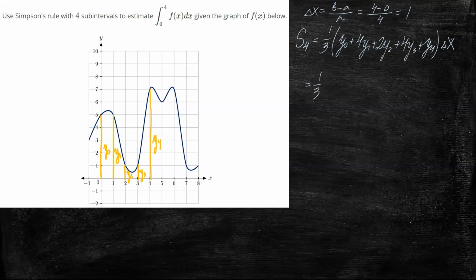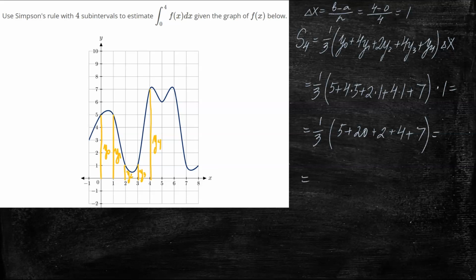So it's pretty clear from the picture what the values are, and we can plug it all in. So we get 1/3 times 5 plus 4 times 5 plus 2 times 1 plus 4 times 1 plus 7 times 1. 5 plus 20 plus 2 plus 4 plus 7. And we got 25, 27, 34, 38 over 3.